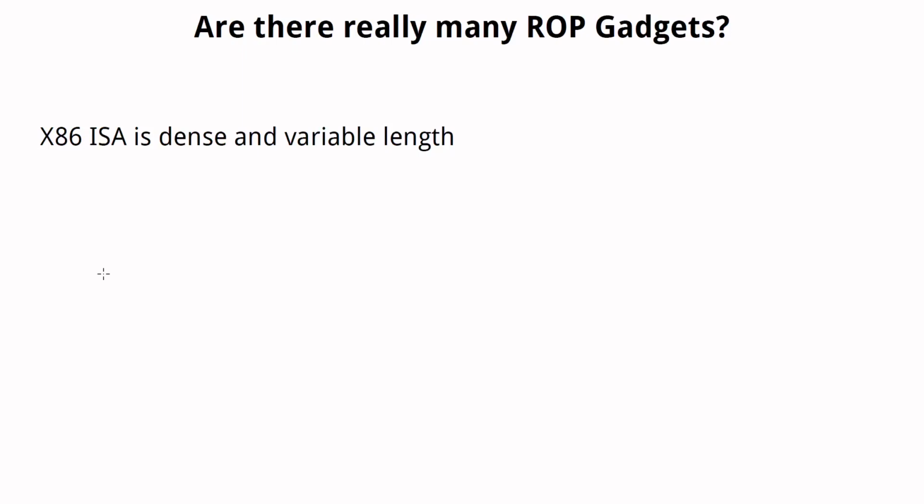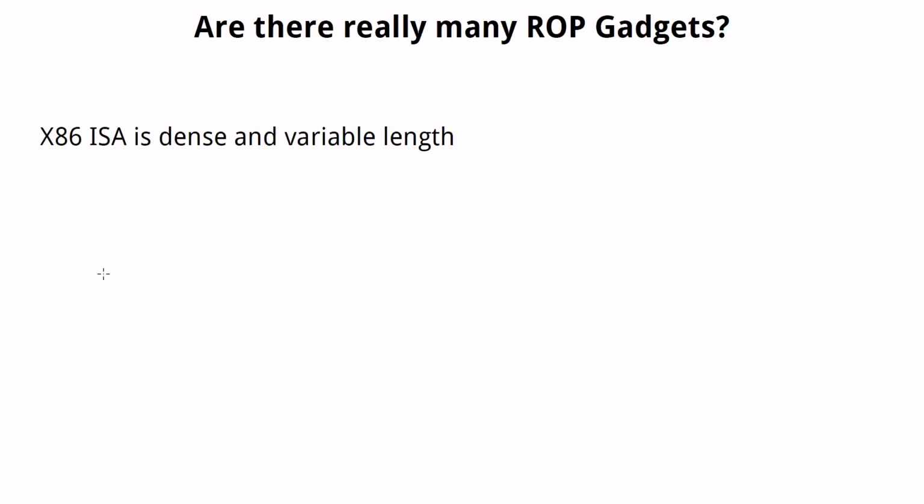The x86 instruction set is actually very dense, and it can be variable lengths. Some of the instruction is just 1 byte. Some of the instruction can be as long as 13 or 14 bytes. Other instruction sets have similar characteristics. They are also dense. Some of the instruction sets are fixed size, like ARM, or usually RISC architectures, their instruction size are fixed, just 4 bytes, some of them are 2 bytes.